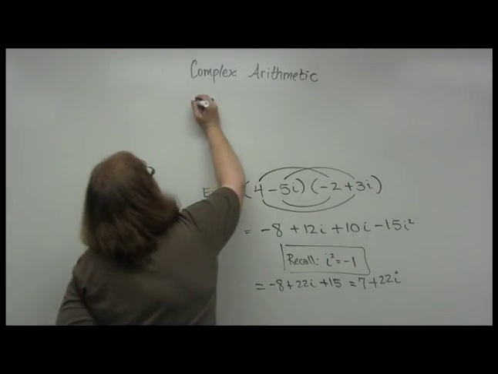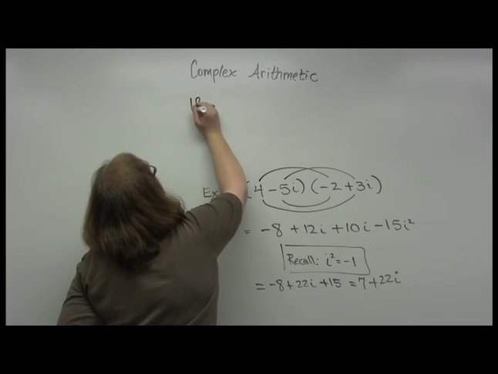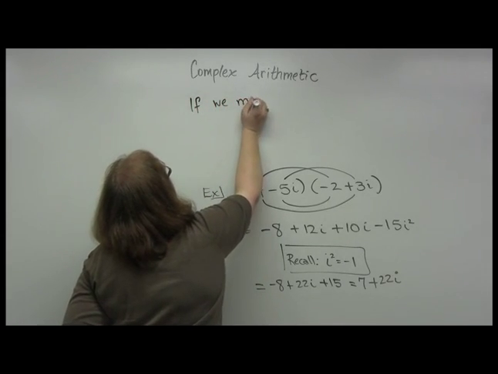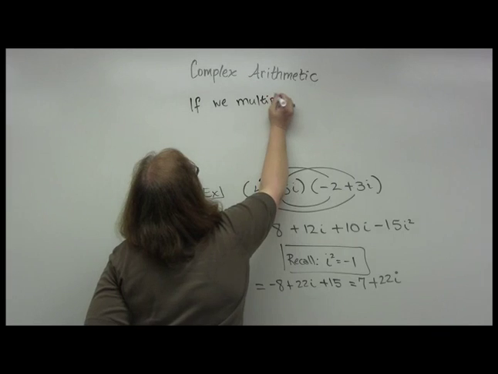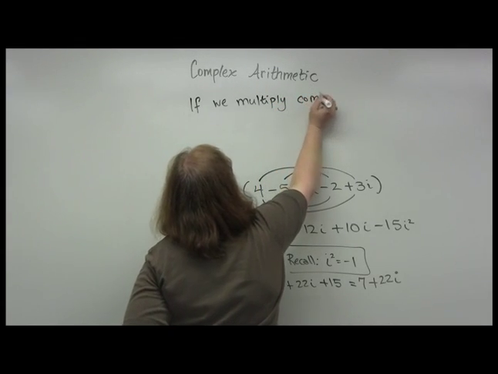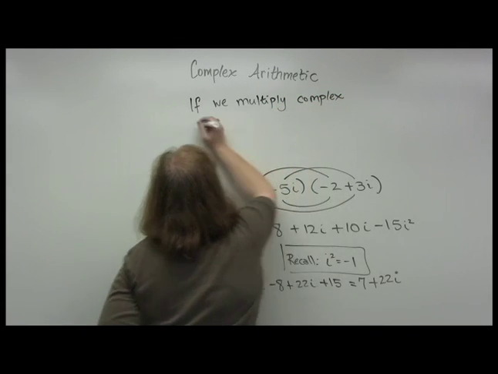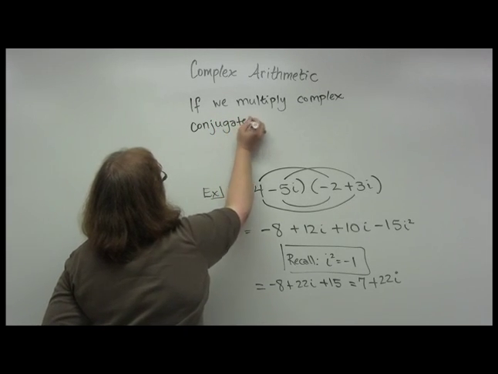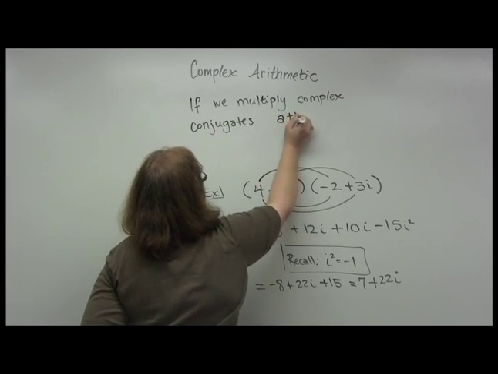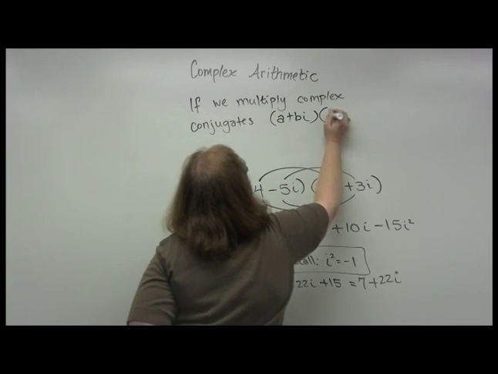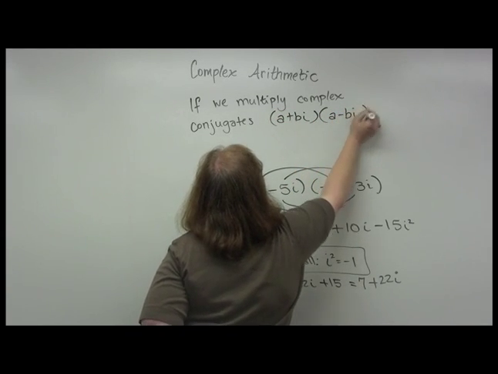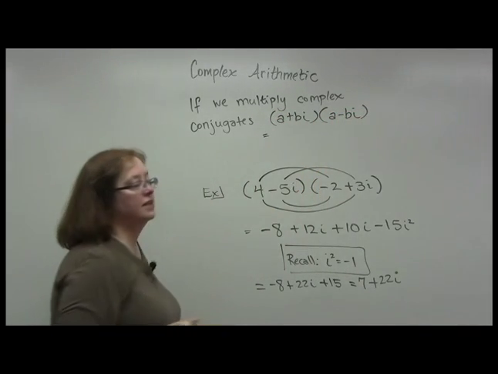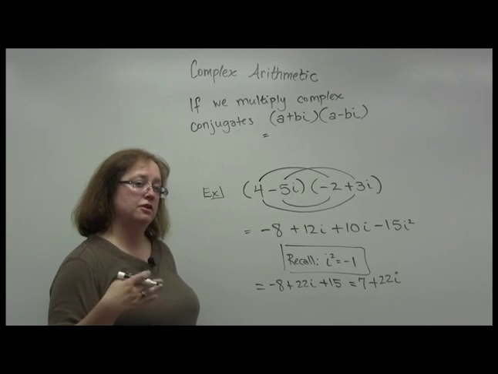Note that if you do complex conjugates, a plus bi times a minus bi, what's going to happen when we do the outer term and the inner term?